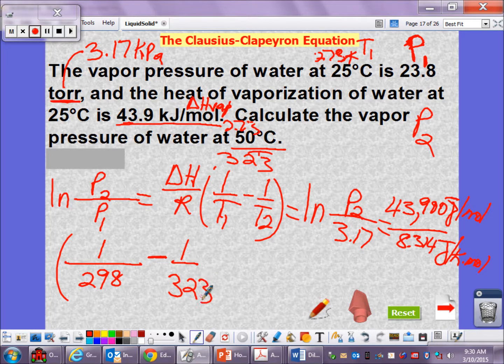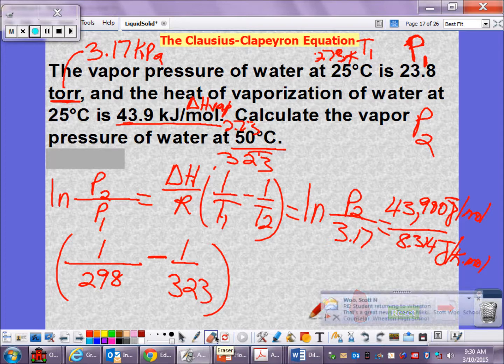Okay, let's do this. Yeah, you have the right side. What is the right side? Can I clear everything? Let me make some space right here.